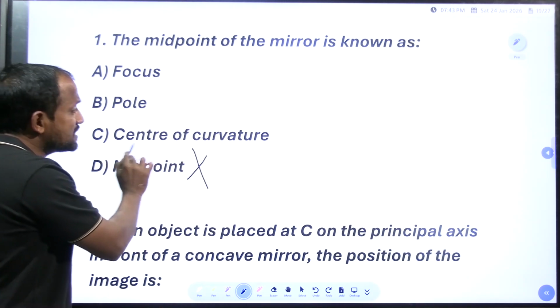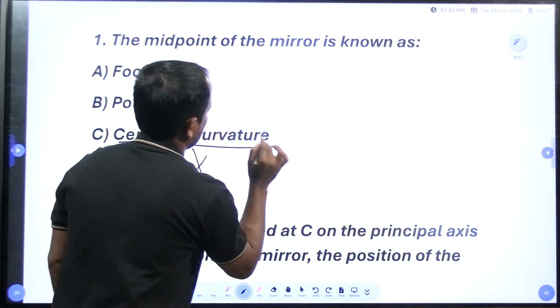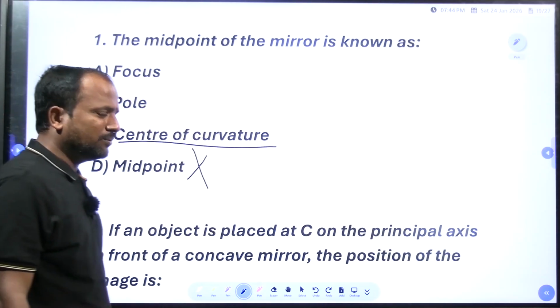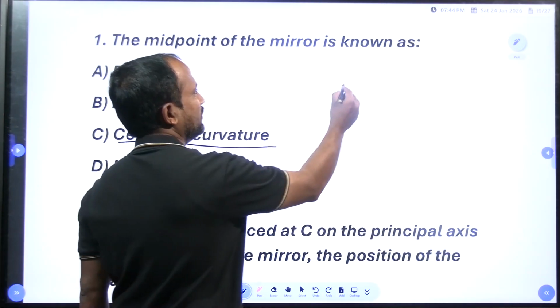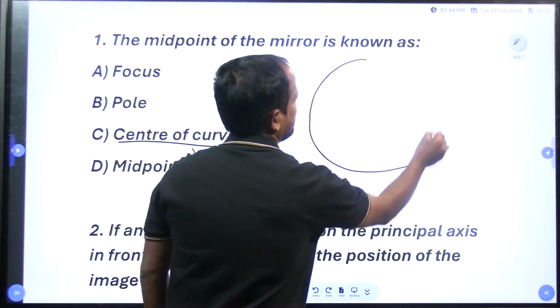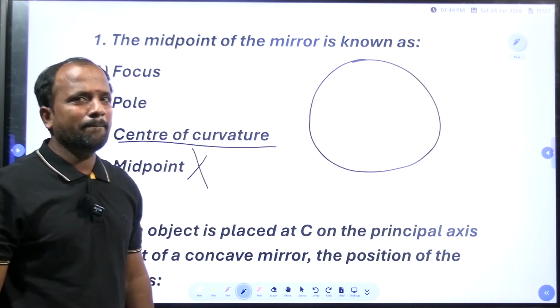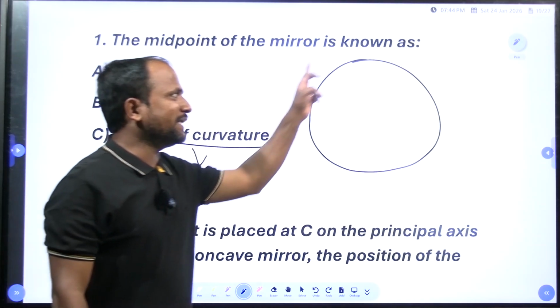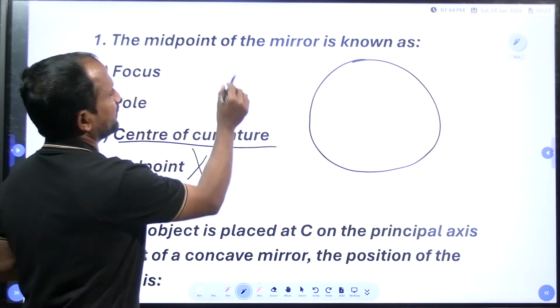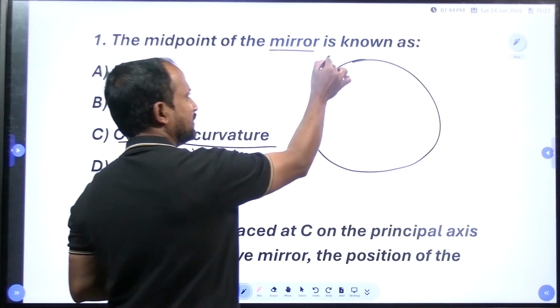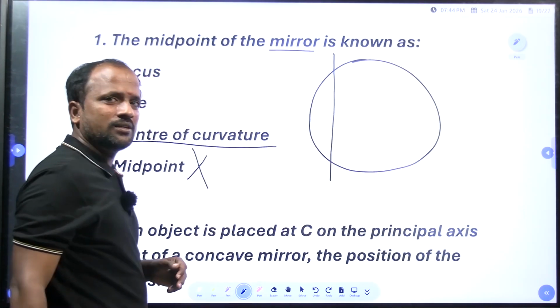Next, center of curvature. What is the center of curvature? For example, this is a spherical mirror, and a curved mirror is cut from the spherical part.